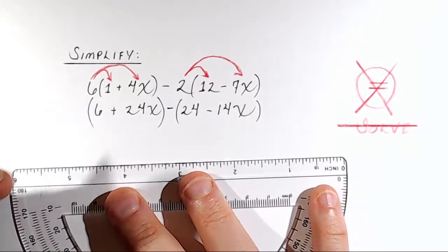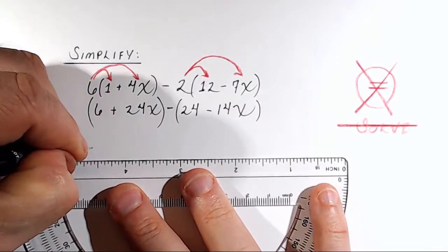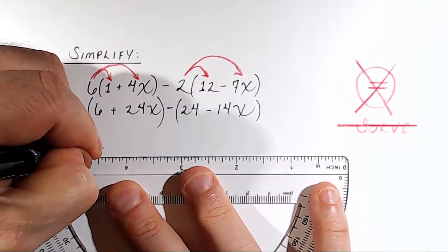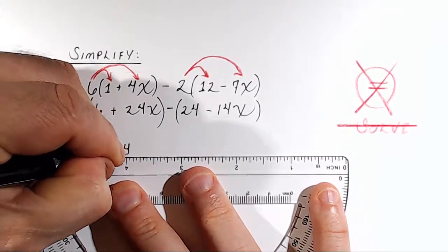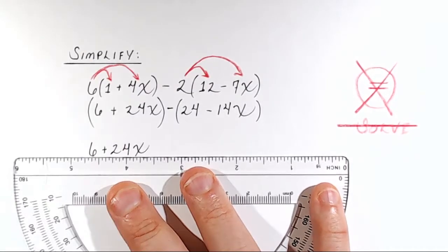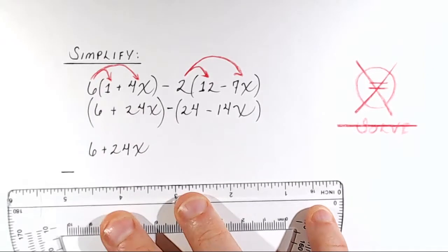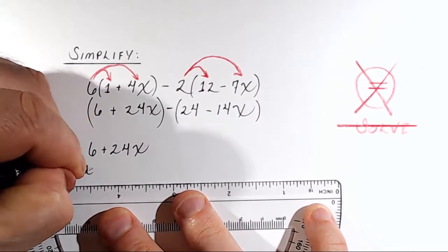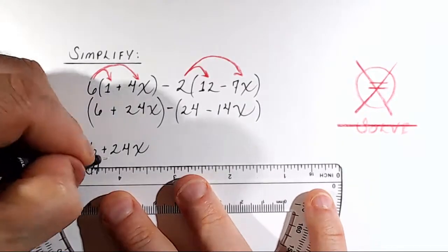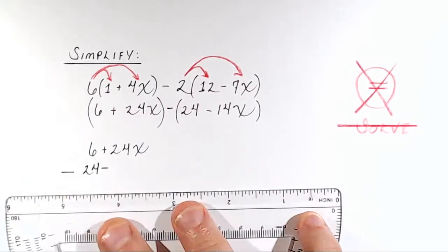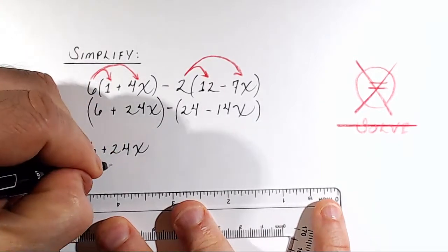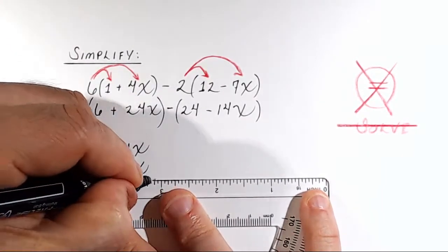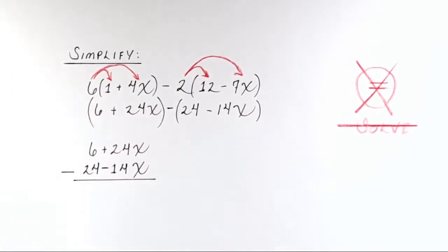Well, let's see what that looks like, because it kind of looks like it would be hard, but it really isn't. So let's rewrite the problem using a different format. 6 plus 24x, minus, so almost like just stacking the problem, minus 24 minus negative, or minus 14x. Okay? And just put a line right here.